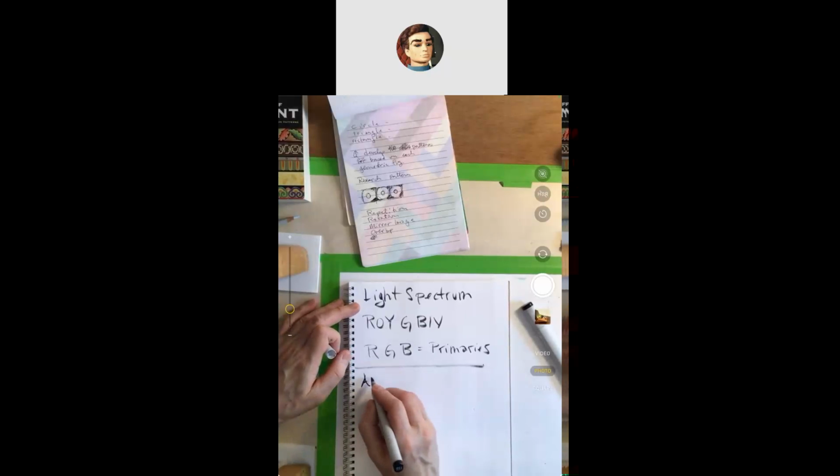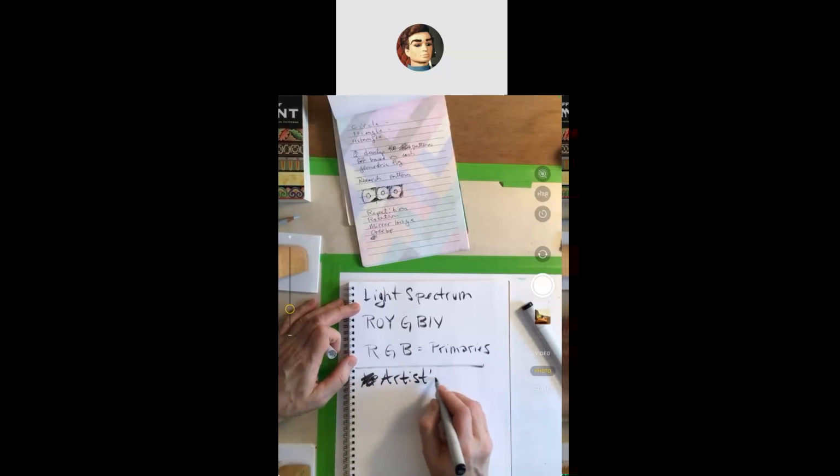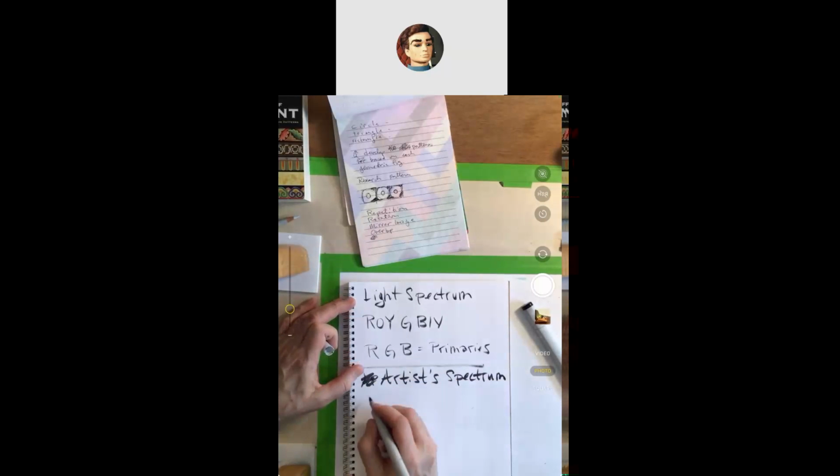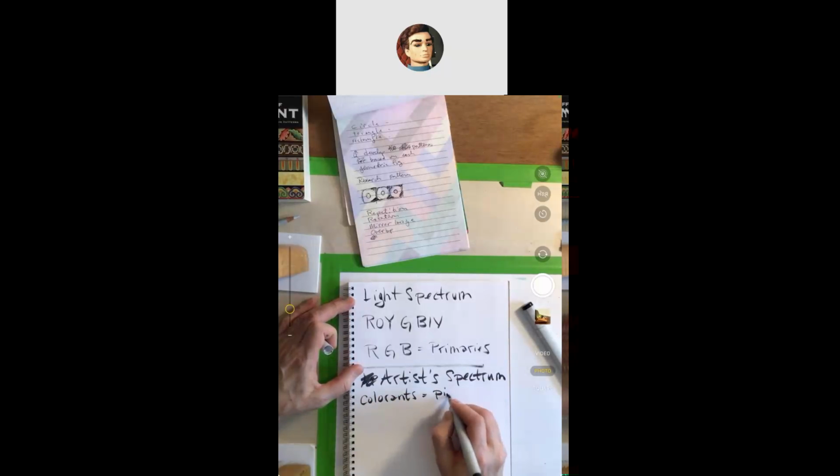What is often referred to as the artist's spectrum? That is, I guess you could say, material colorants. So not light, but pigment. Dyes.